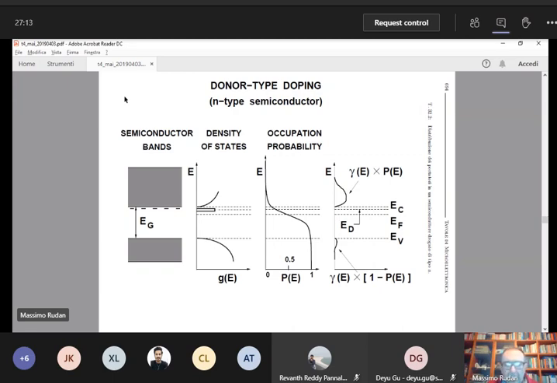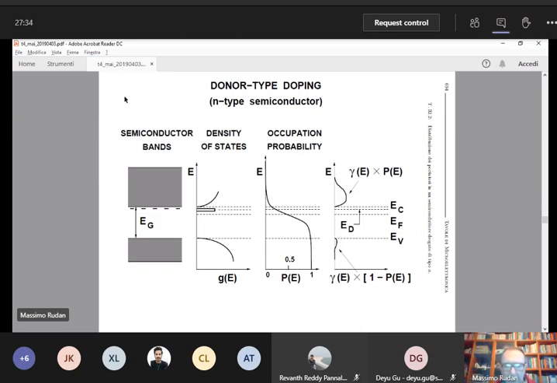It follows that for the conduction band, the product gamma times P, I remind you that gamma is the combined density of states in energy and volume, times the Fermi statistics, becomes larger than in the intrinsic case.